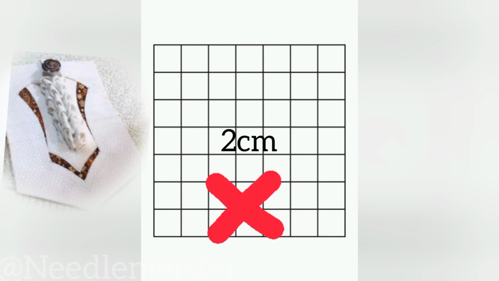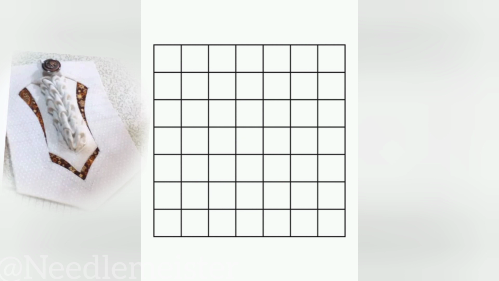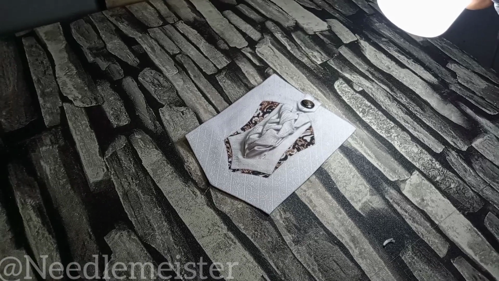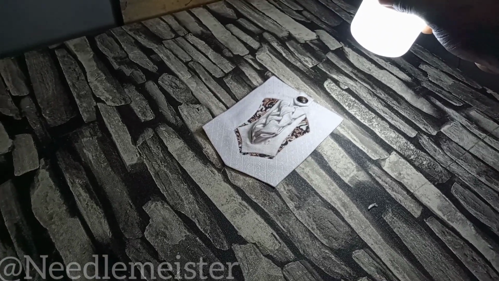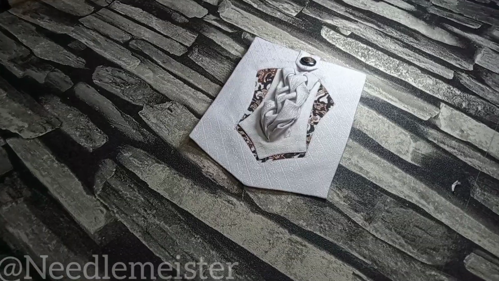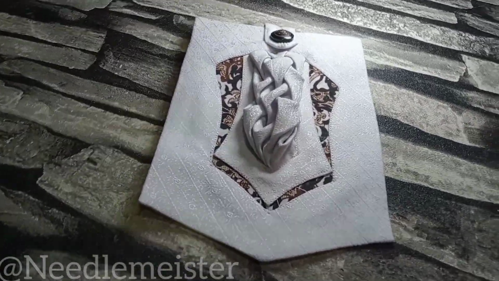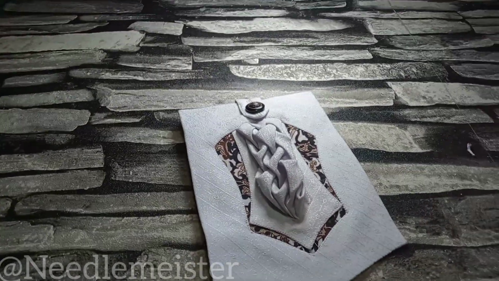Remember I said we used a grid of 2 centimeter. It would have been better if we used a grid of 1 centimeter or ½ inch. We would have got something exactly like this. So when drawing your own grid, please use a scale of 1 centimeter or 0.5 inch.